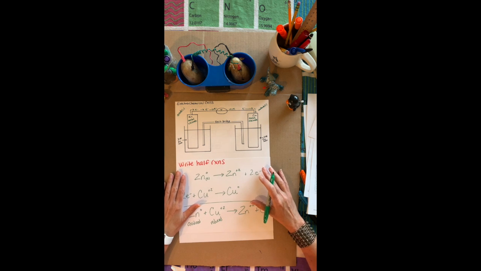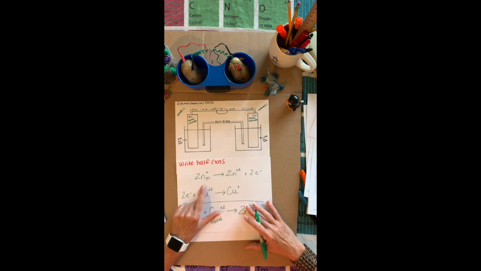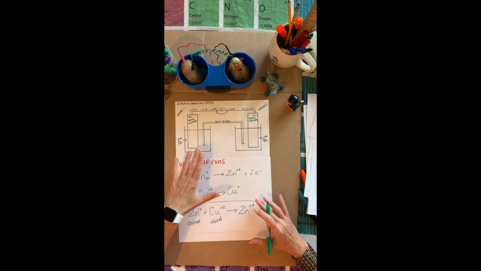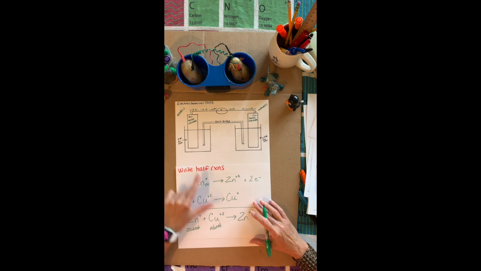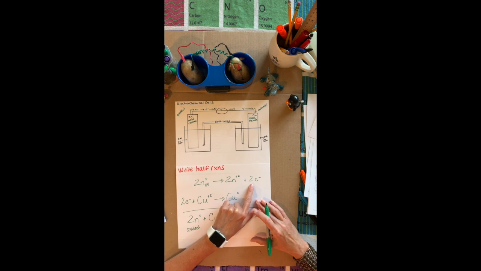So just going back to our warm-up briefly here, we wrote half reactions that do apply to this electrochemical cell. We have solid zinc. When zinc oxidizes, it loses 2 electrons to become zinc plus 2 ions.